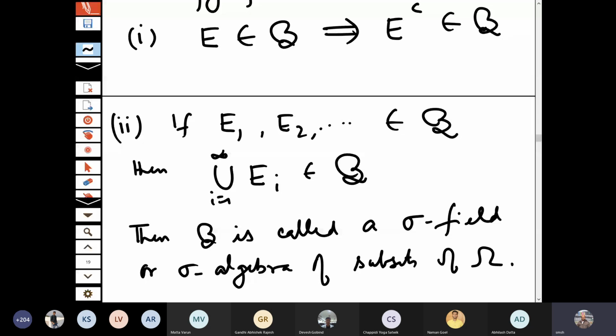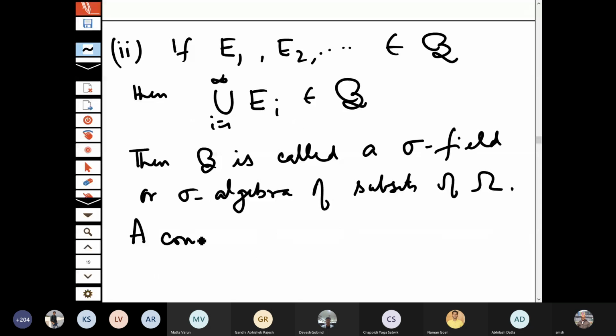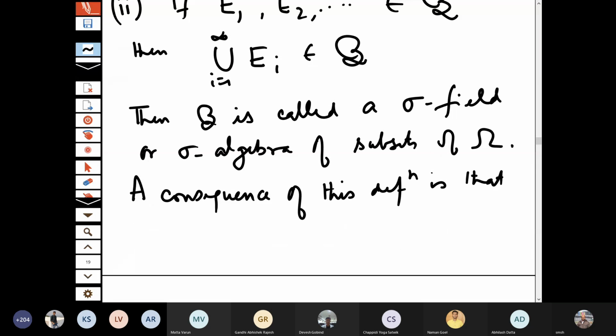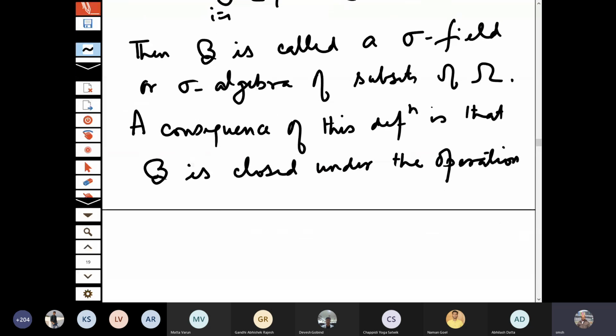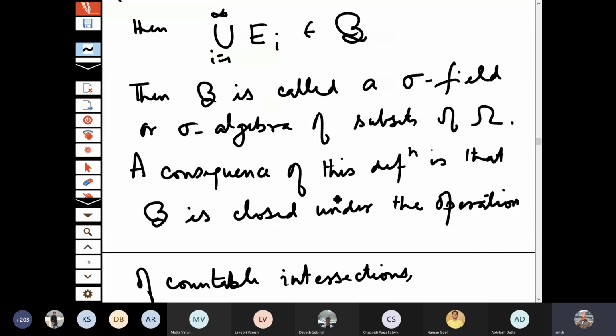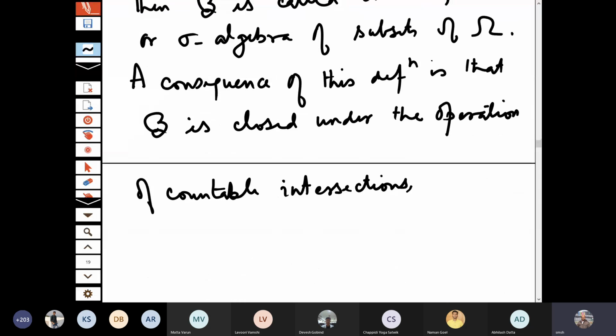A consequence of this definition is that B is closed under the operation of countable intersections, and of course it is already closed under the unions, it is closed under the complementations, it is closed under the differences, and so on.